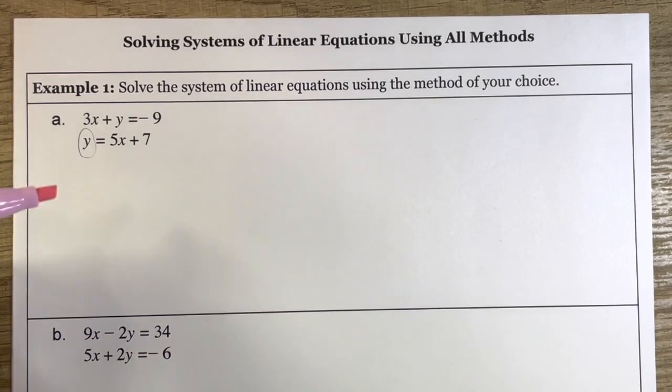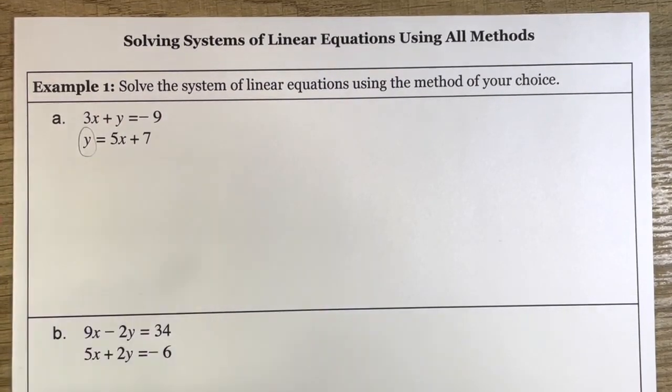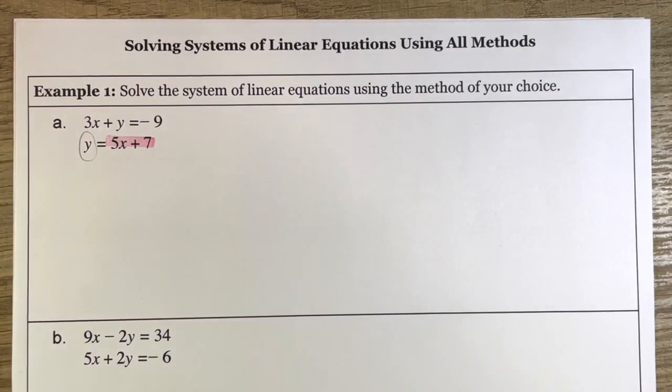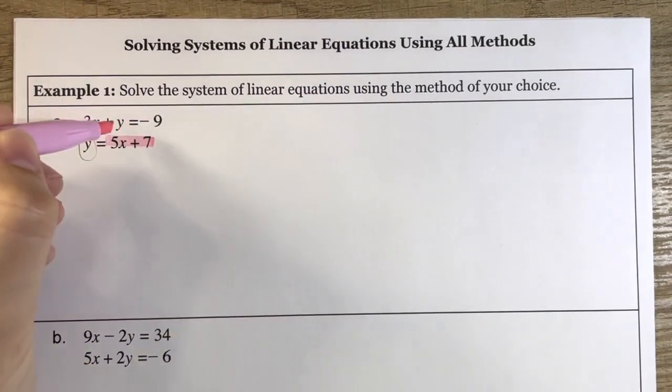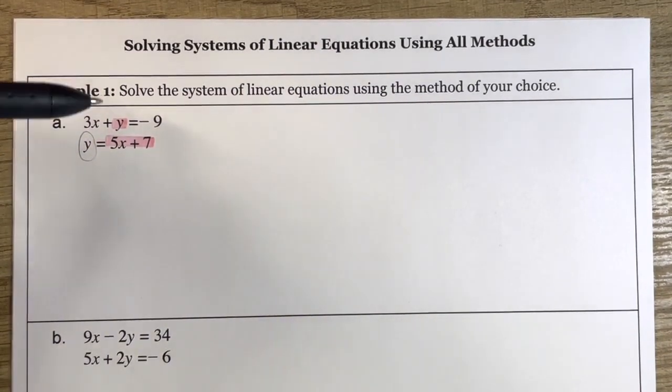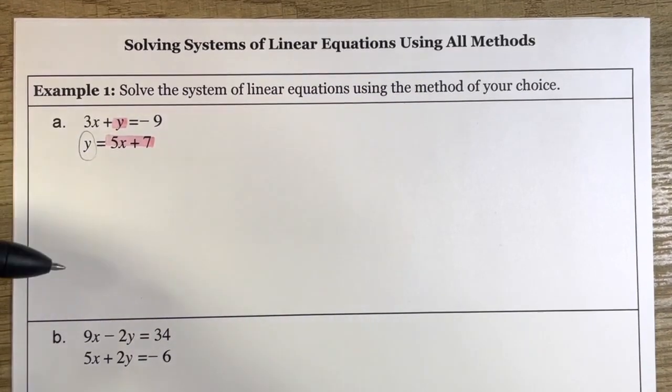So because this second equation is already solved for y, it has y by itself, I can take this 5x plus 7 that I'm saying y is equal to, and I can substitute it into the first equation where y is. So I'm going to replace the y in the first equation with the 5x plus 7.